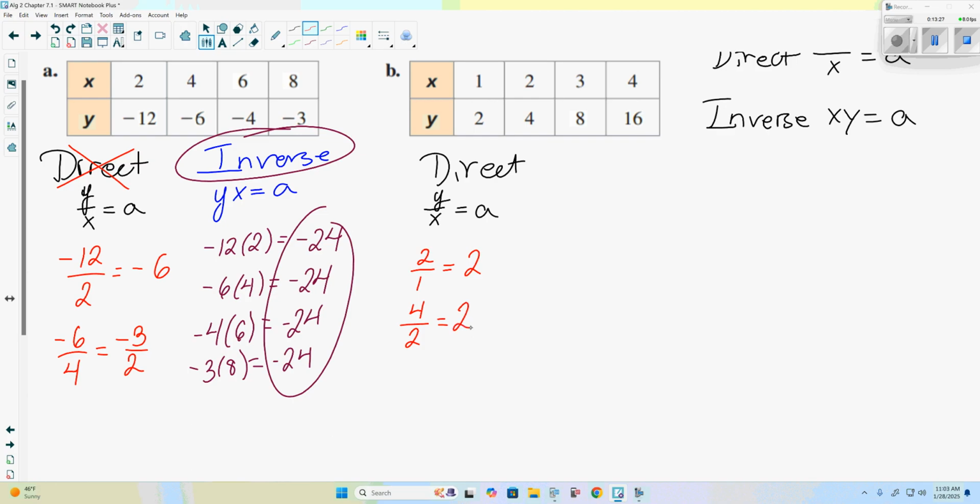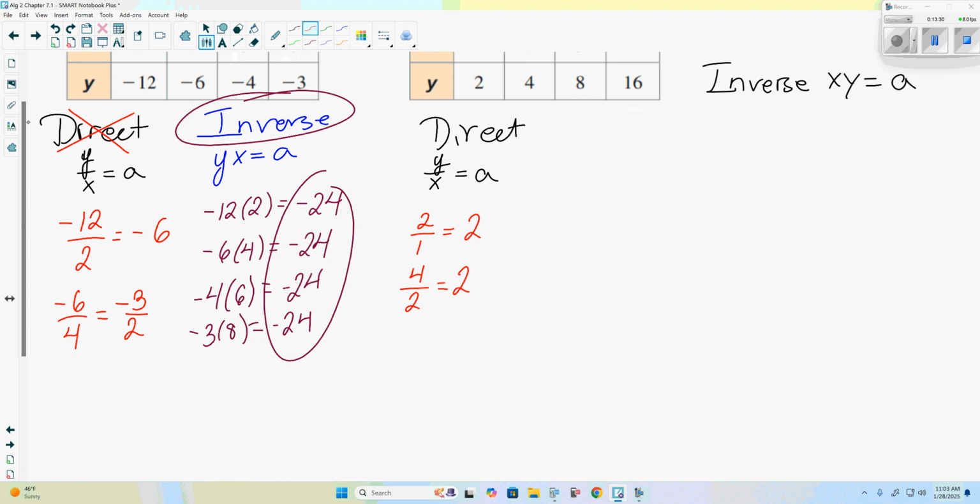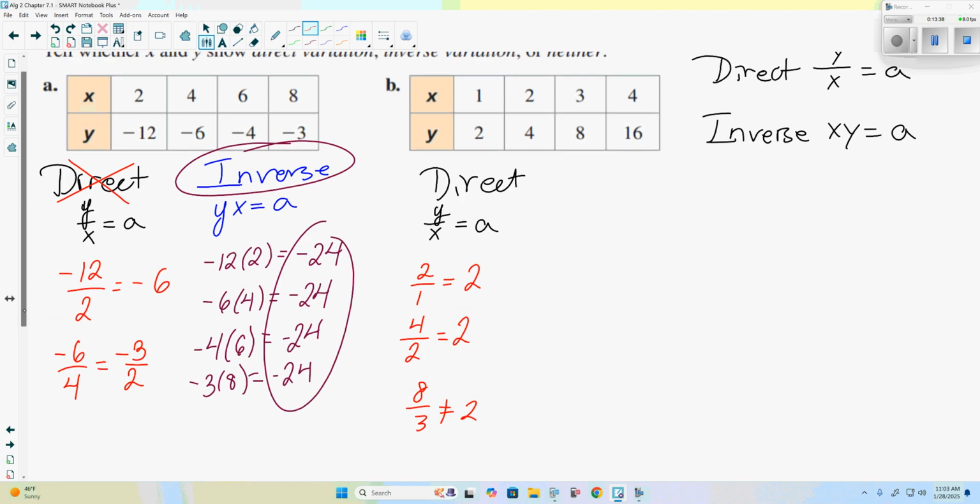So I think we got direct, yes? So let's just keep going just to make sure. Because 8 divided by 3 is not 2. It would actually just be what? Repeated, yeah, 2.6 repeated. So it's not 2. So direct is out.